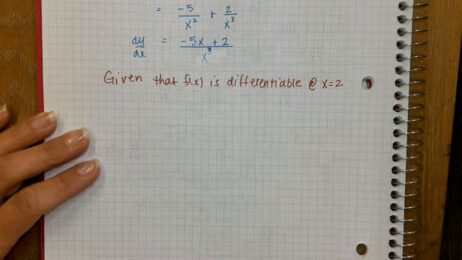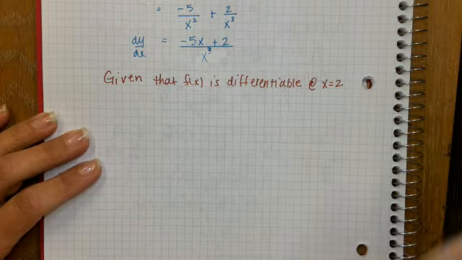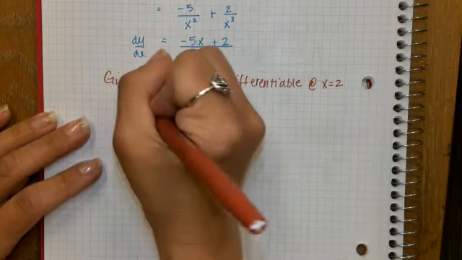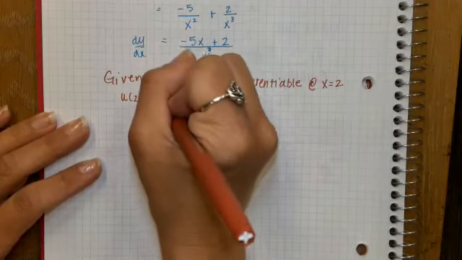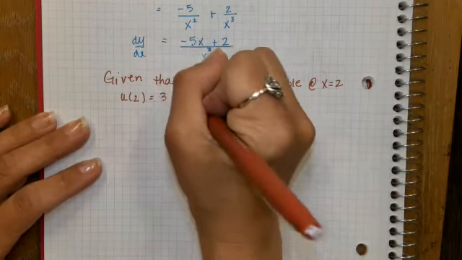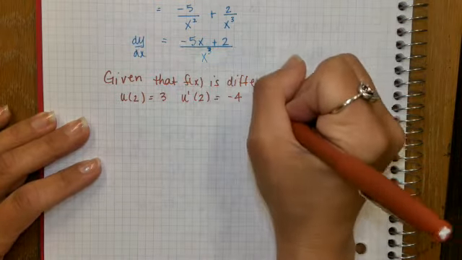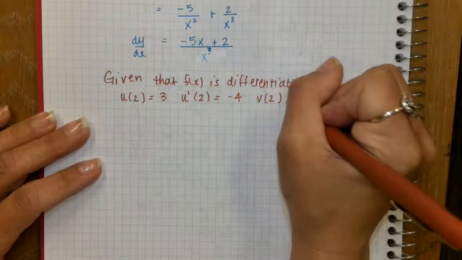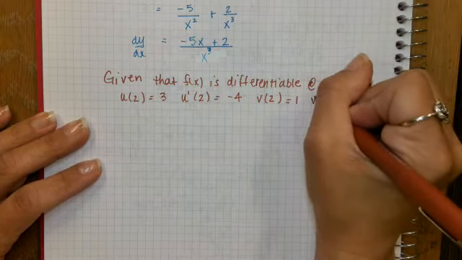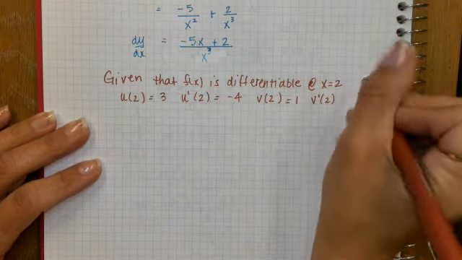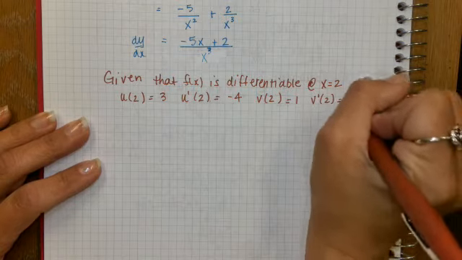You have some function and it's differentiable at x equals 2. You are given that u of 2 is 3, u prime of 2 is negative 4, v of 2 is 1, and v prime of 2 is 2.